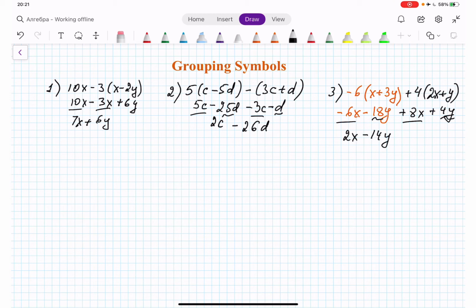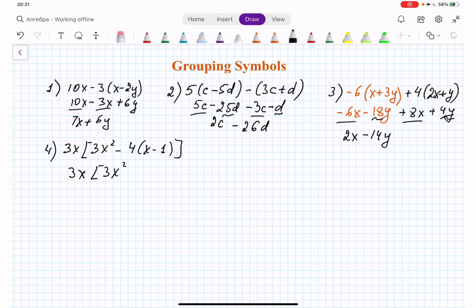Question number 4. We have 3x times 3x squared minus 4 times x minus 1. Okay, so 3x times 3x squared. I'm opening inside the parentheses because we are opening from inside out.